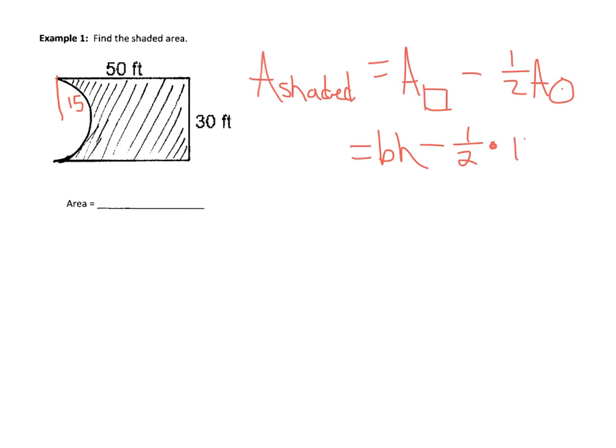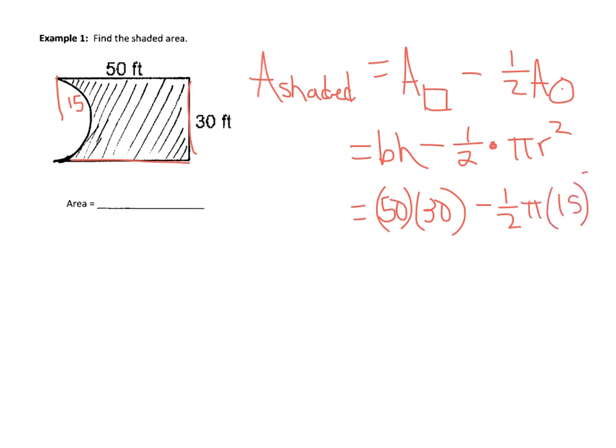So area of a circle is pi r squared, and then go ahead and plug in your particular numbers. So our base is 50, and our height is 30. For the rectangle. The radius we already talked about is half of that 30, so our radius is 15.